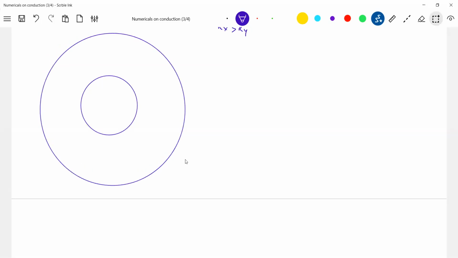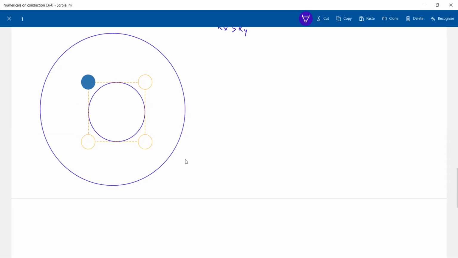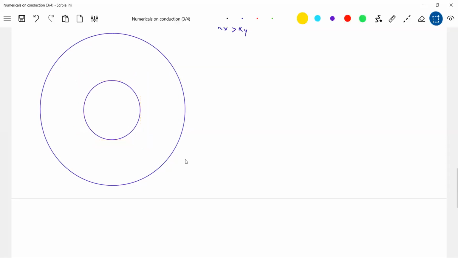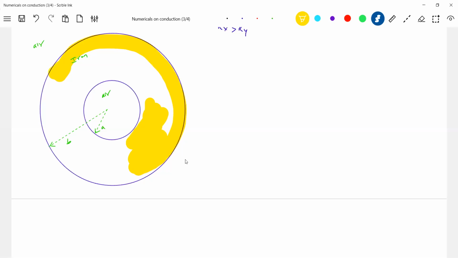We do have a spherical conductor, a thick spherical conductor. The inner radius is A, the outer radius B. Let this be air, so that will be easy for you. So this is iron. Again, this is air. So this gap is what? The material, iron material. We have to find out the thermal resistance of this particular shaped conductor.